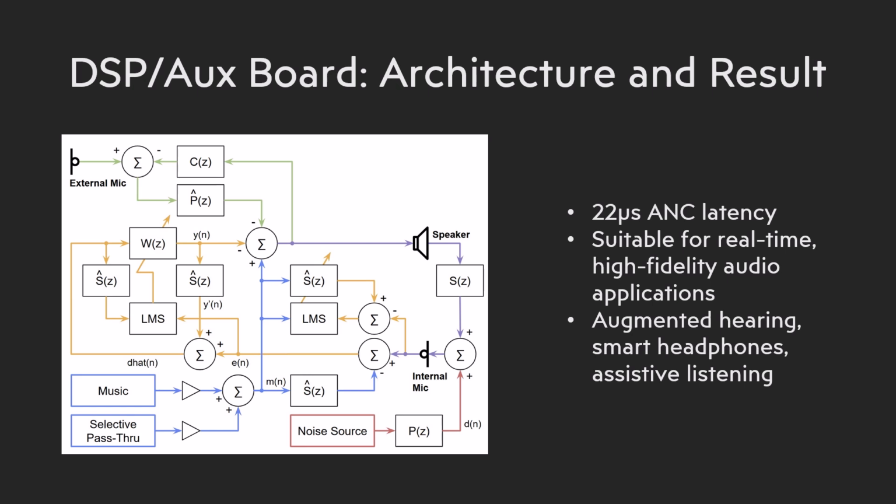In addition to this, music and selective pass-through signals that are generated by our machine learning model are injected into the audio stream, such that the user can concurrently listen to sounds from their ambient environment, listen to music, and experience noise canceling in the way that we've architected it.